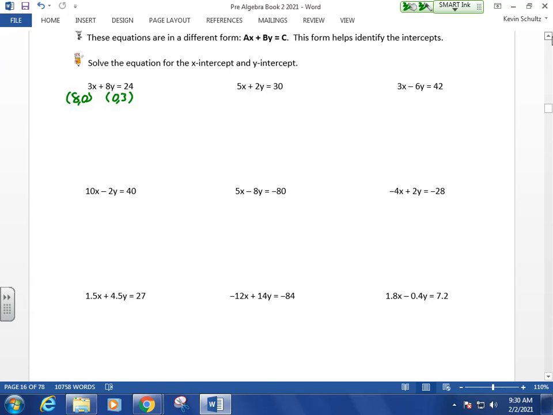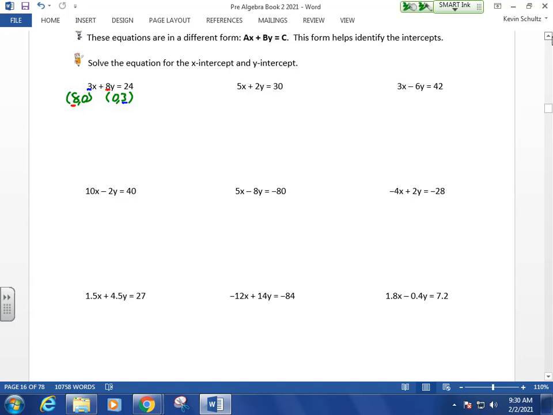Well, I look at this and I see that we have an 8 here and an 8 here, and we have a 3 here and a 3 here. The other equations aren't quite set up like that. I gave them to you a specifically different way because I want you to use this method to find it.